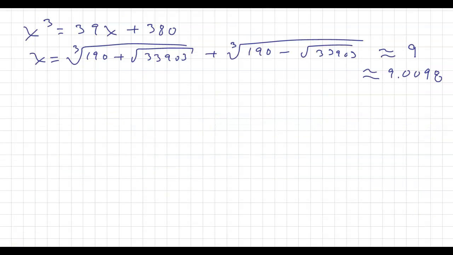To solve a depressed cubic like this was a big deal when they figured it out in the early 1500s, because for 3,000 years there was not so much progress on cubics.